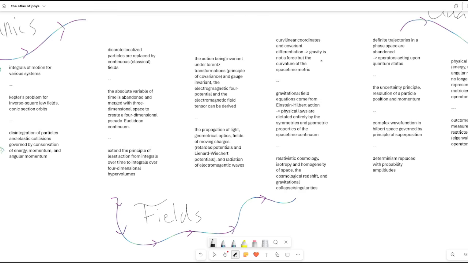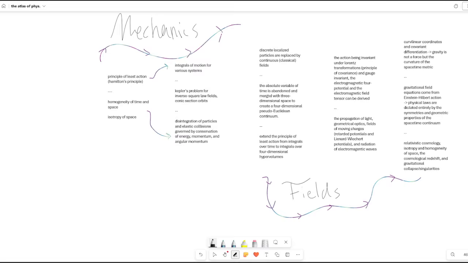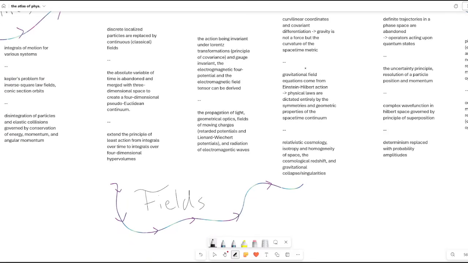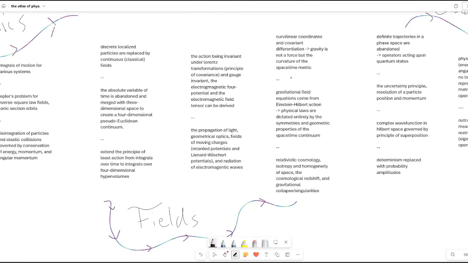Gravity gets reduced from being some kind of force to just being the curvature of this space-time metric, where we get rid of the notion of Minkowski space-time, but we're working within a space-time that has a metric that encodes the geometry of space-time, such that parallel transport gives us holonomy for gravitation and all of these things.